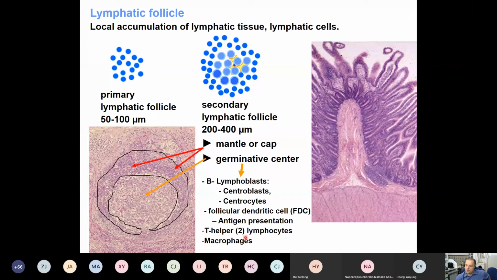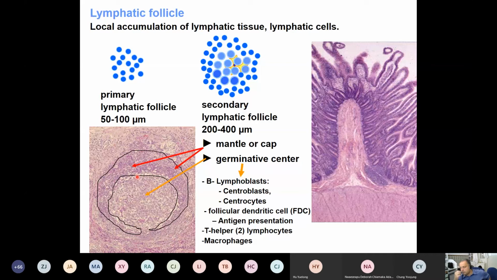Also, what you don't have to distinguish, but it's good to know, is that in the germinative center, although the B lymphocytes are predominantly found, some T helper cells are also present. There is a type 2 subgroup of the T helper lymphocytes, which have a great significance in the control of the B lymphocyte maturation and differentiation, and they are therefore also present in the germinative center.